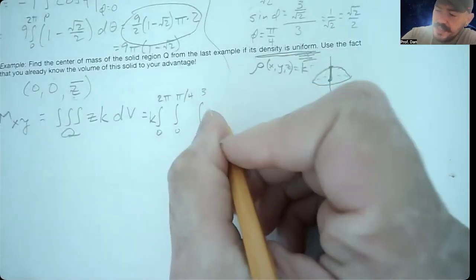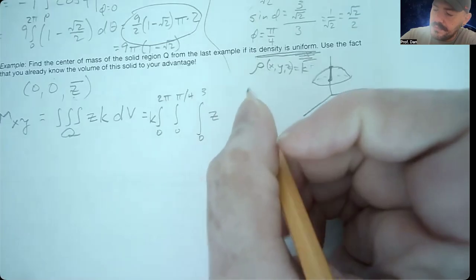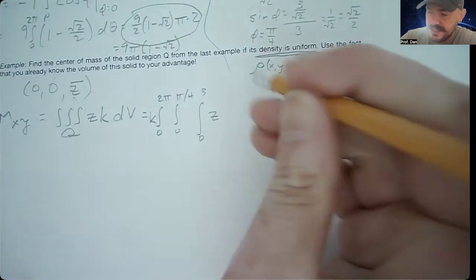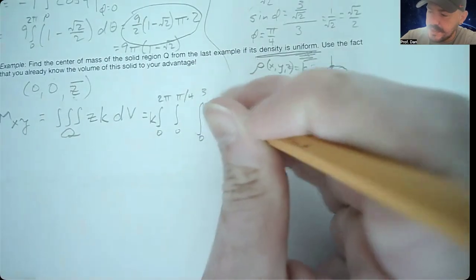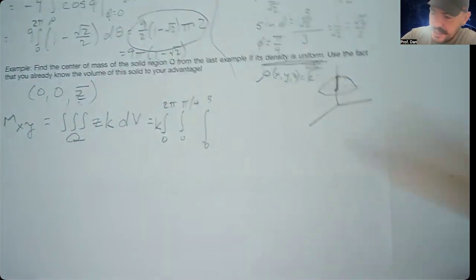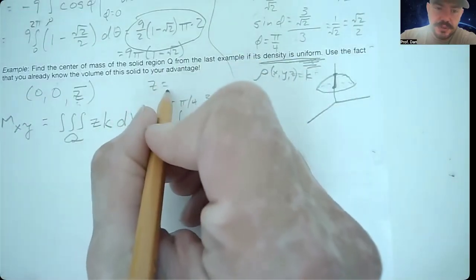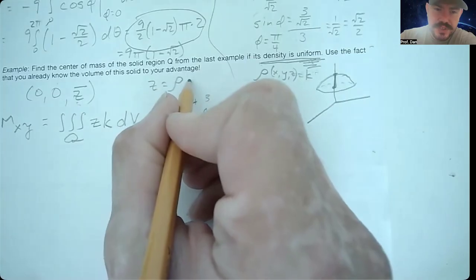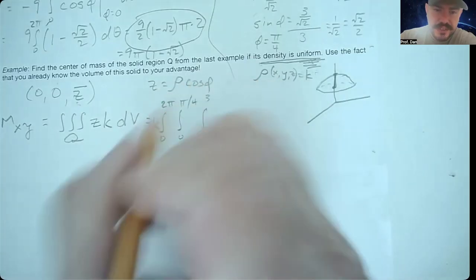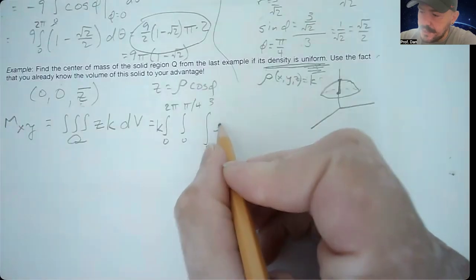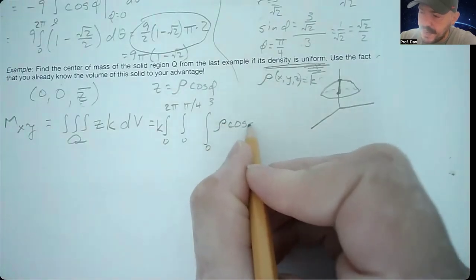Then we have z, but I can't write z because we're in spherical coordinates. So remember, in spherical coordinates, z is rho times cosine of phi. So instead of writing z, I'm going to write rho cosine phi.